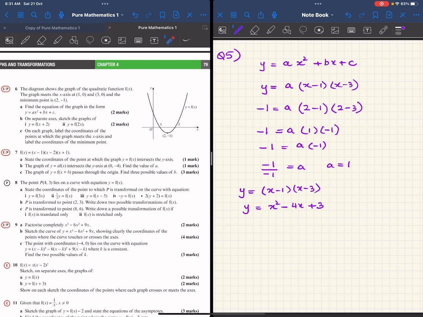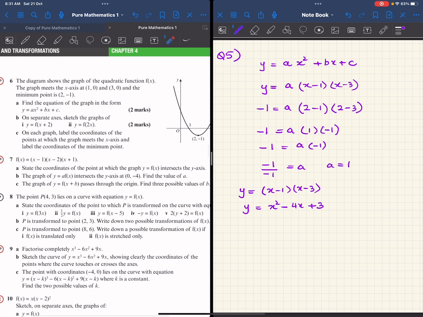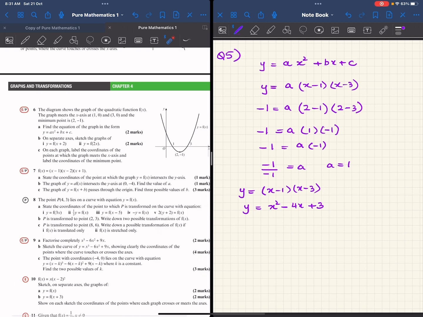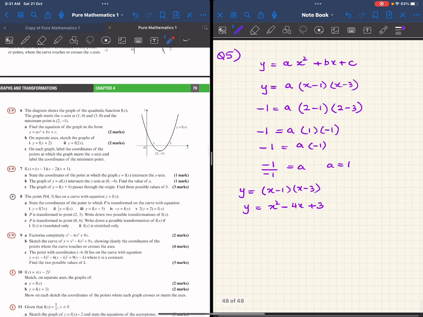For part B, we have on a separate axis, sketch the graph of y is equal to f(x plus 2). x plus 2 is a transformation where the graph slides left by 2 steps. So if this graph slides left, what is here will go 2 steps behind, which means it will pass through -1, and 3 will go 2 steps behind, so 3 will become 1.